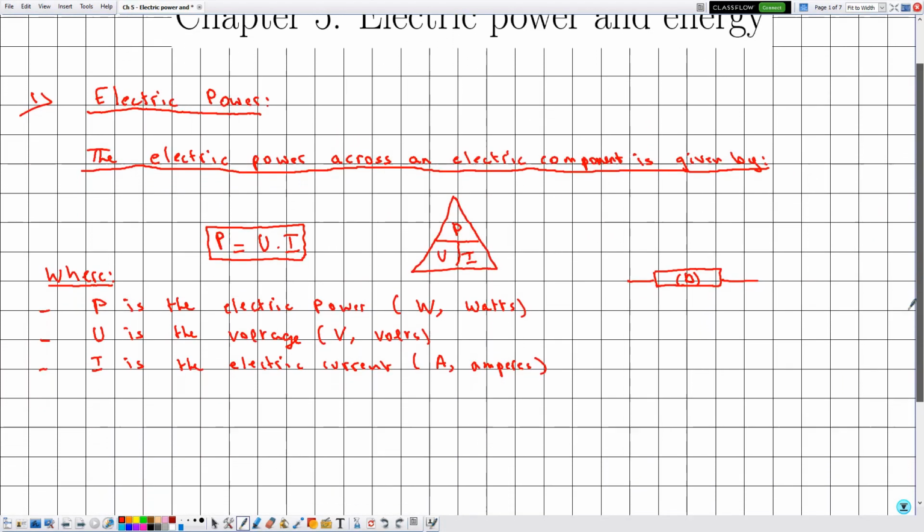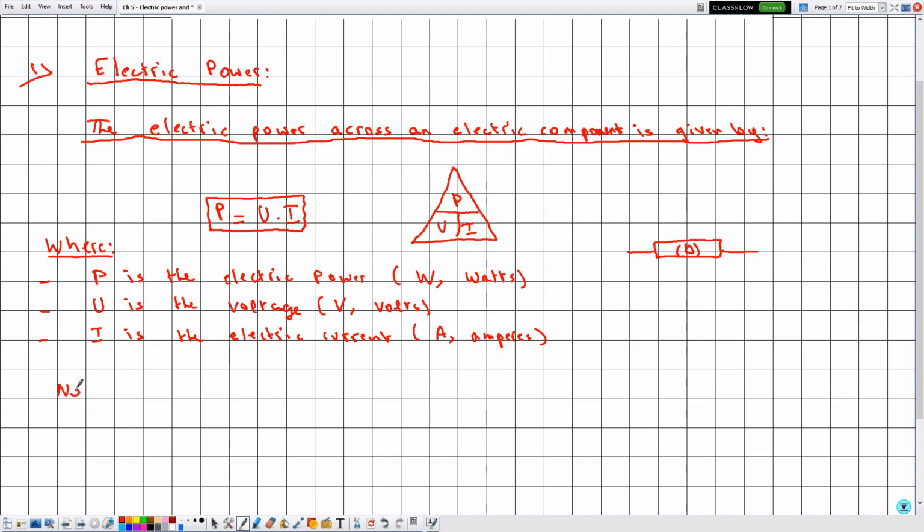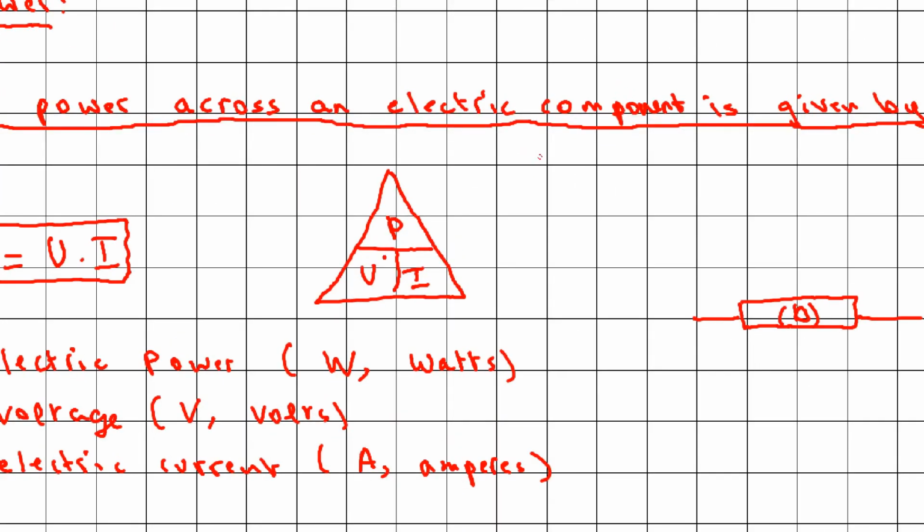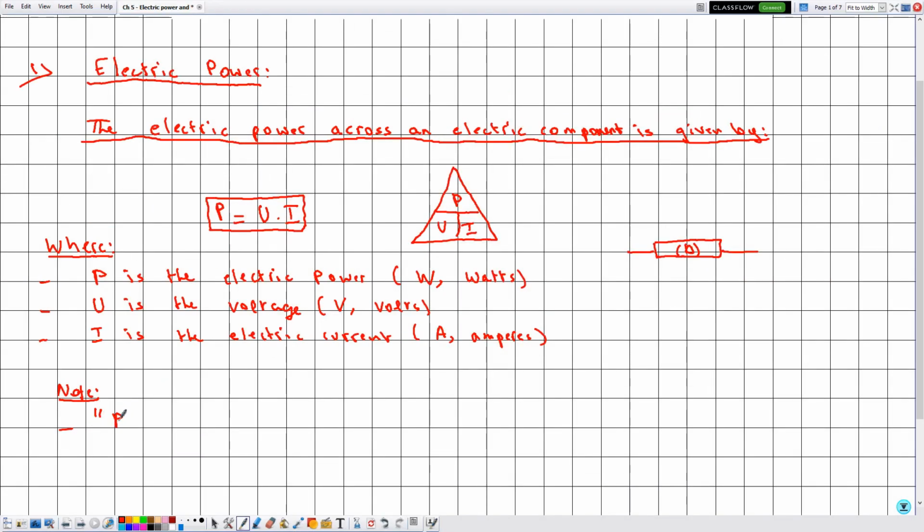So let me write the following note. Now, because P and U are living on different floors, P at the top and U at the bottom, we say that P and U are directly proportional. Then when U increases, we have that I increases.